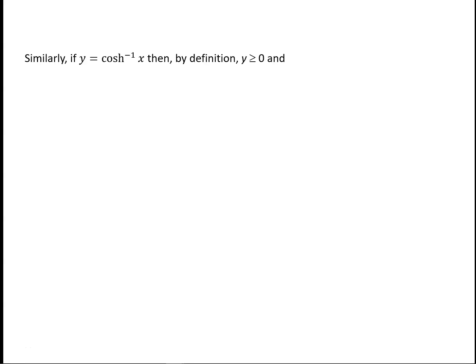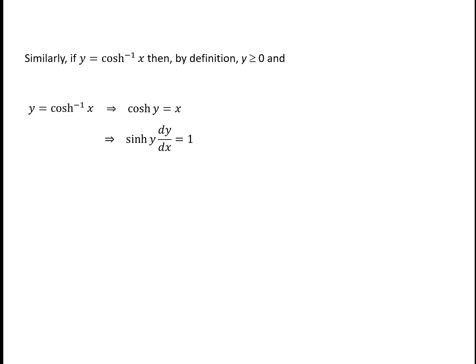Now let's have a think about cosh to the minus 1 of x. If y equals cosh to the minus 1 of x, then by the definition, y is the positive value that satisfies cosh y equals x. So now if we differentiate each side with respect to x, that gives me sinh y dy by dx equals 1.